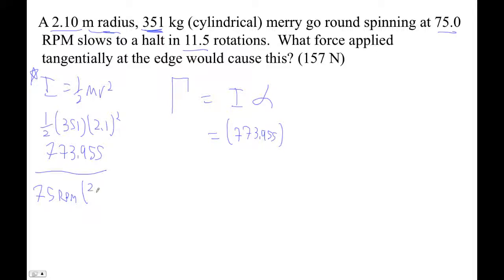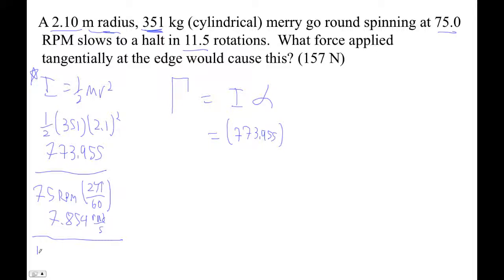I'm going to multiply by 2 pi to get, instead of rotations per minute, radians per minute, divide by 60 to get radians per second. So 75 times 2 times pi divided by 60, and I'm going to store that in the initial velocity. And that is 7.854 radians per second, right?